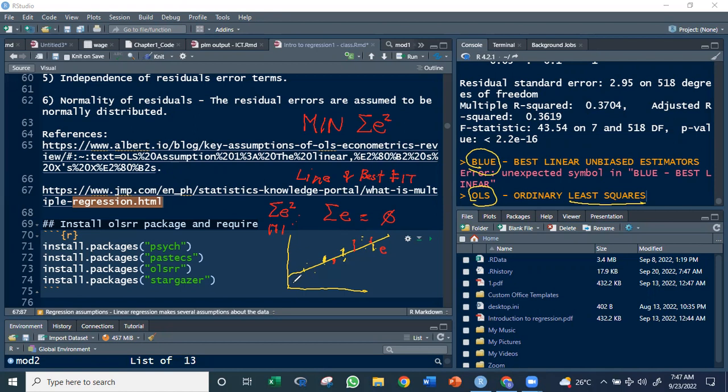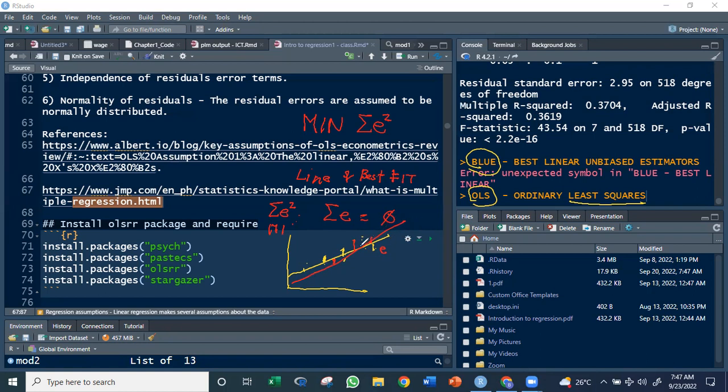So if I, for example, choose another line like this, let's say that's the line we chose, and you get the errors, the distance between the actual point and your regression line, and then square it and then sum it up, you'll see that the sum of the error squared for this line is higher than that of this regression line.